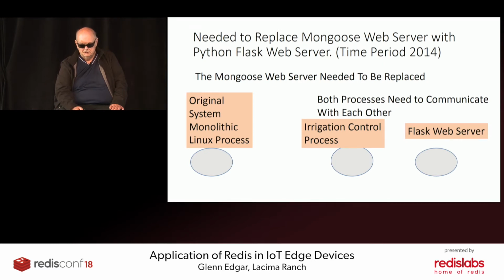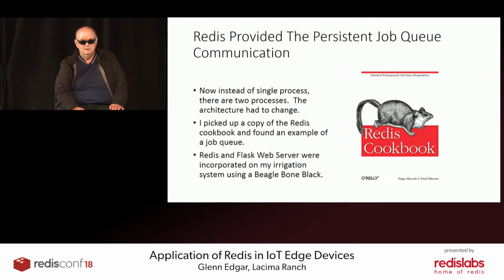So I needed a solution. At this time, there were only really 2 books on Redis. I picked up the Redis cookbook and found out that they had a job queue, and it's persistent. I need a persistent job queue, because if I schedule irrigation events and I lose power, I still want the irrigation events to be present.